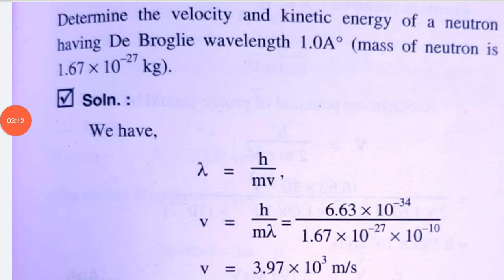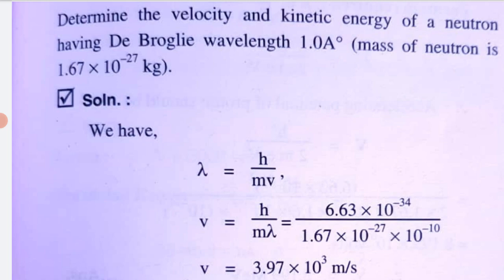Next example: determine the velocity and kinetic energy of a neutron having de Broglie wavelength 1.0 degree angstrom. The mass of the neutron is 1.67 into 10 raised to minus 27 kg. We know the relation lambda is equal to h upon mv.